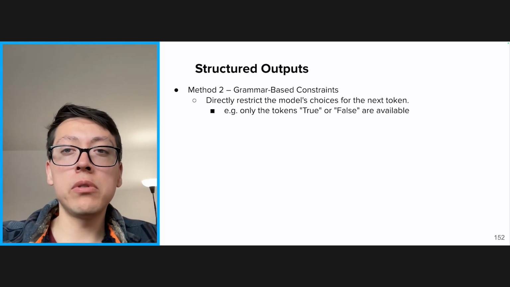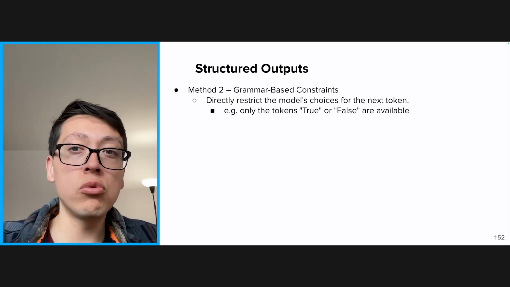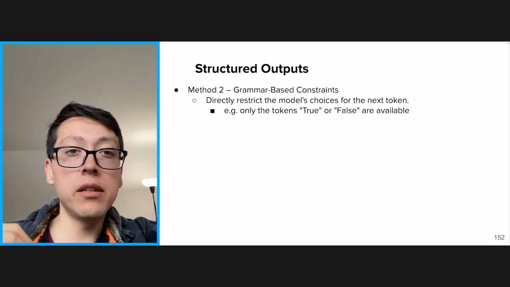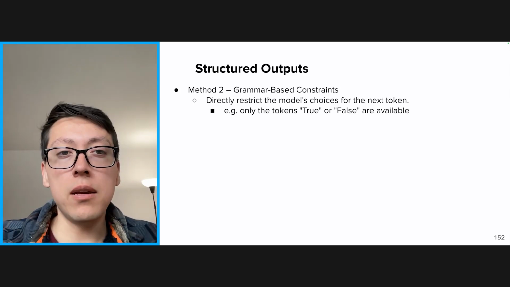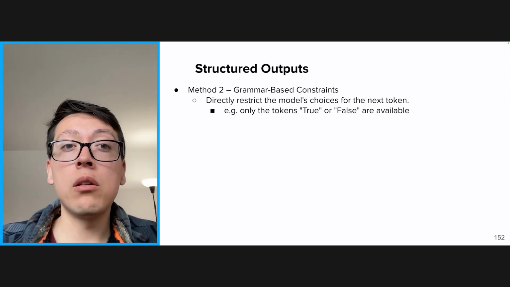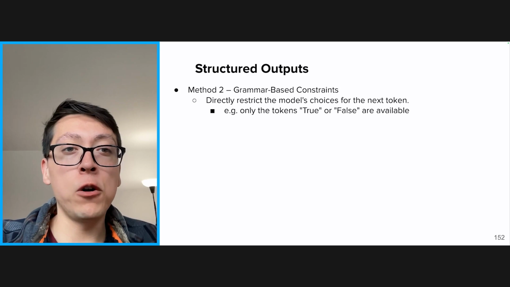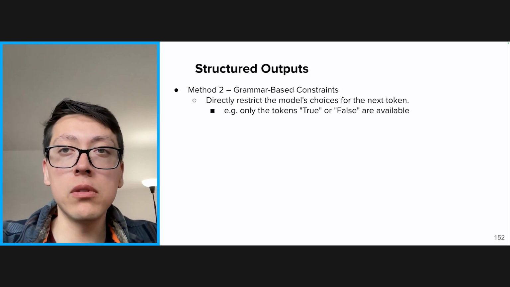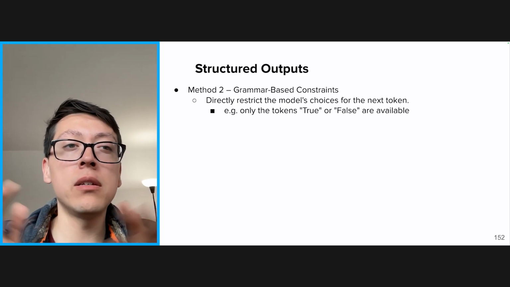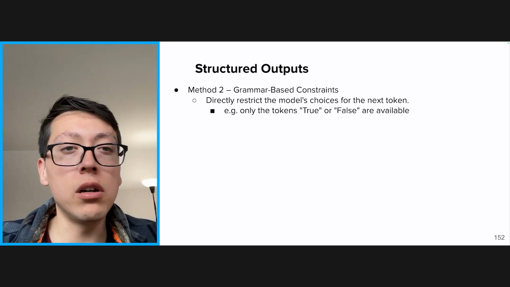For example, if we want only the tokens true or false, then the model will only have the choice of using those two tokens. This ensures that the answer will follow the format at a very reliable rate. It's going to be basically good all the time.